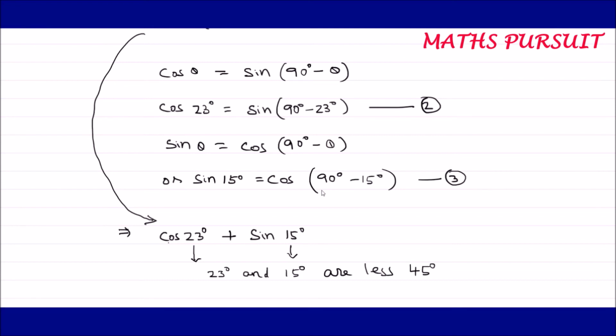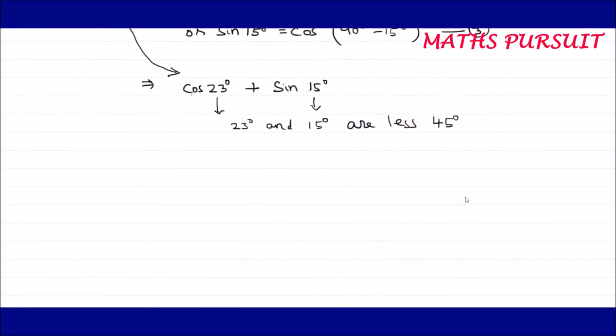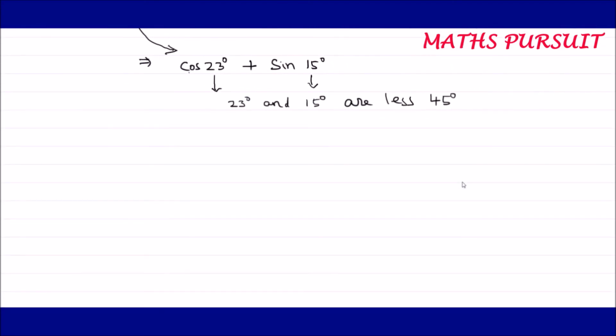So we can say that the value of sine 67 degree plus cos 75 degree can be written as cos 23 degree plus sine 15 degree.